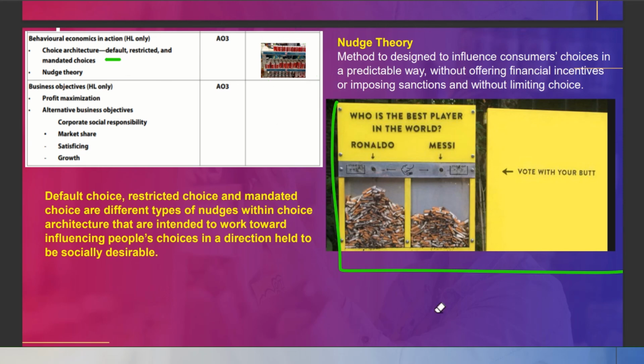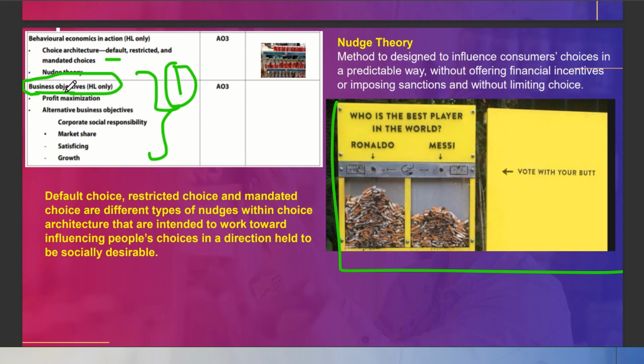The next one is the business objectives. Remember, you can expect a question on this in paper 1. There is a high chance, because in the specimen paper they asked about common pool resource management, and about market failure in asymmetric information.